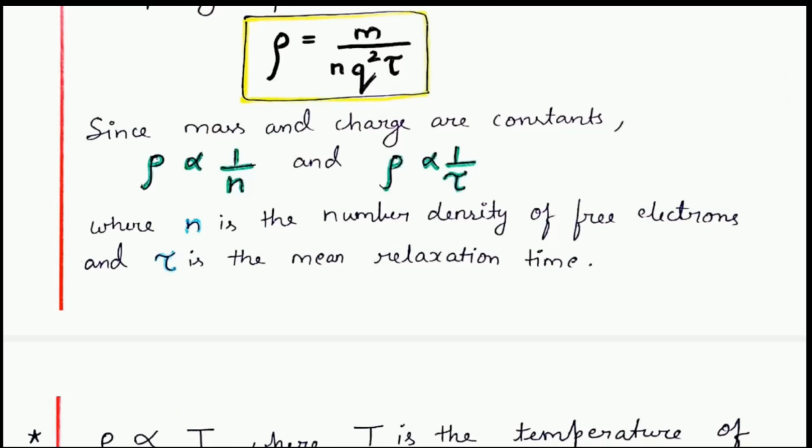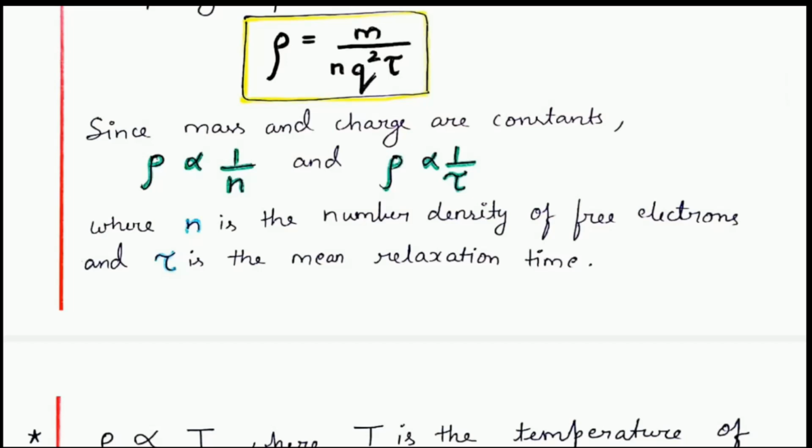When will the free electrons move slowly? They will move slowly if the temperature is less. So if temperature is less, relaxation time will increase and resistivity will decrease. Try to understand: if temperature decreases, relaxation time increases, resistivity decreases.